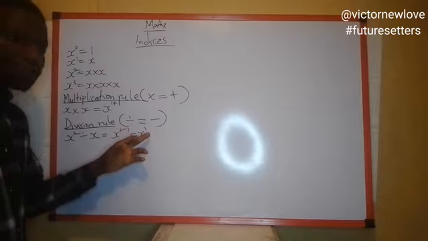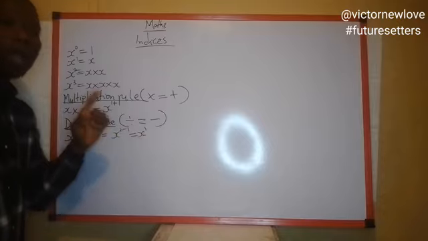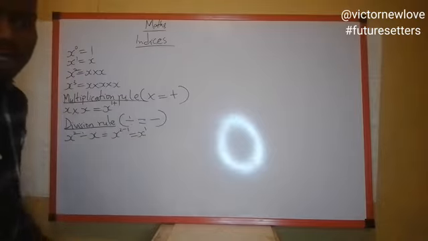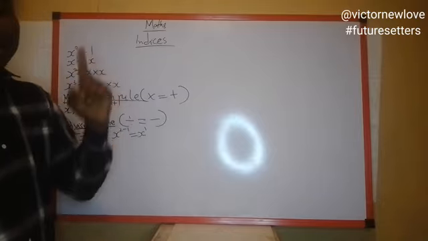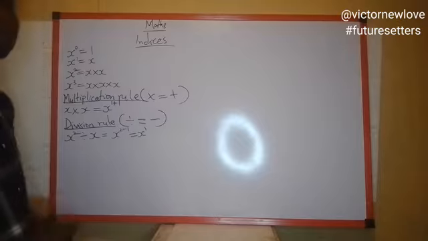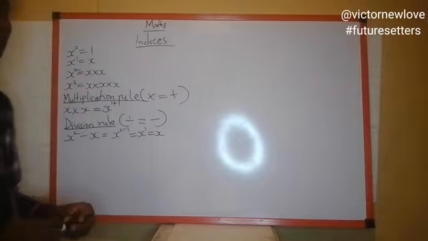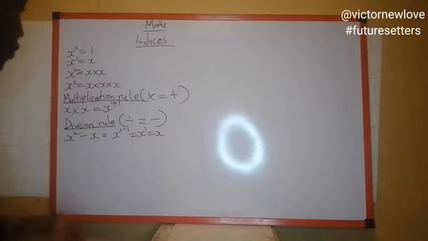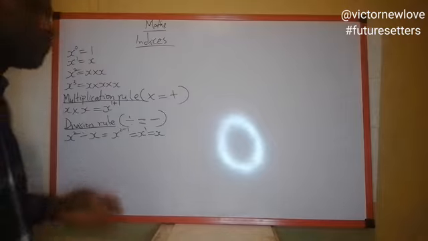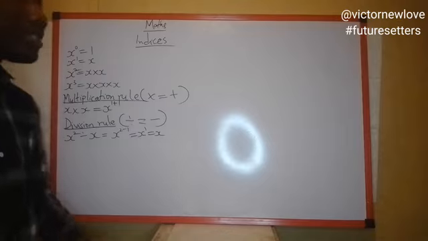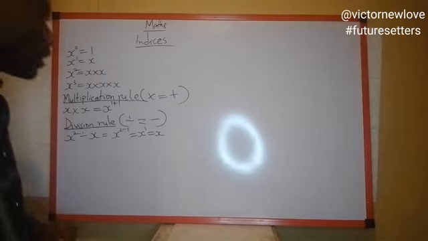So it will give us X raised to power 1. But in mathematics, we cannot write X raised to power 1. What are we going to write? X. So there are two different things. We have the multiplication rule and the division rule. Under the multiplication rule, X times X is X raised to power 1 plus 1.